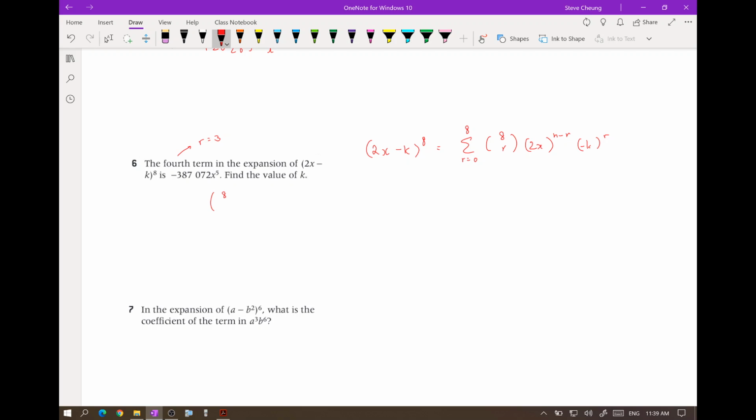So that means we have 8 choose 3 times 2x to the power of, now n is 8 here, right? So this will be 5. That must be 3. So they're telling you that this has to equal to this answer. So we're finding what k has to be. To go ahead and just expand the left-hand side, 8 choose 3 is this.